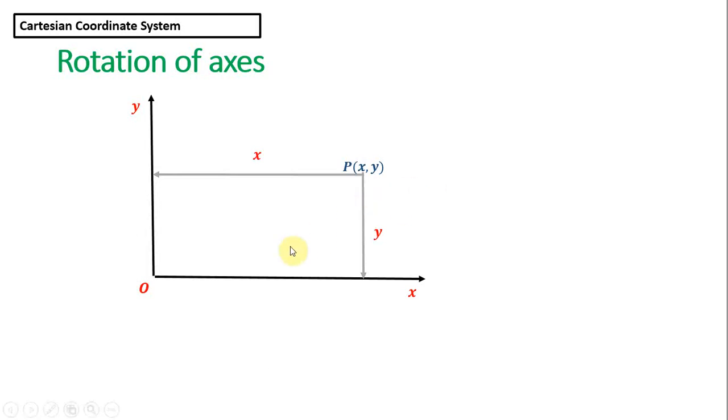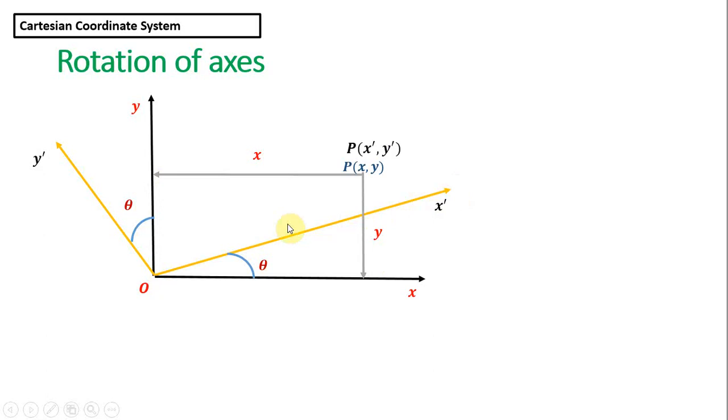Now we can choose another coordinate system, which is also rectangular or Cartesian, and which is slightly rotated with respect to this xy system. Let's call it x prime and y prime, and it is rotated through an angle theta with respect to the xy system. Now we have another frame of reference called x prime y prime.